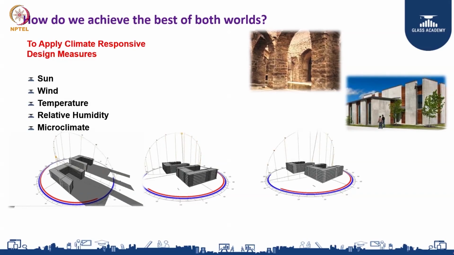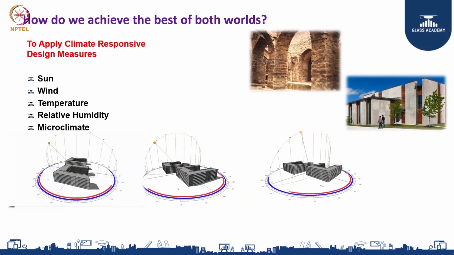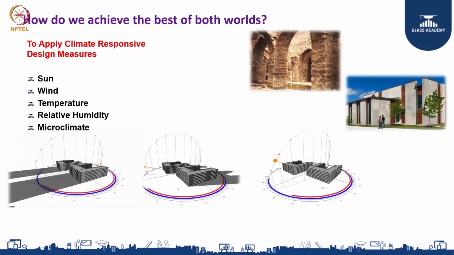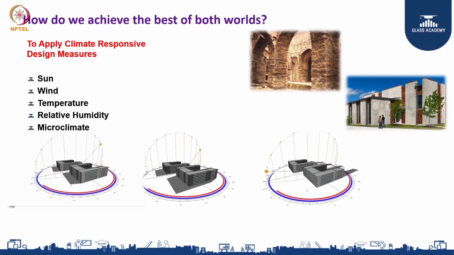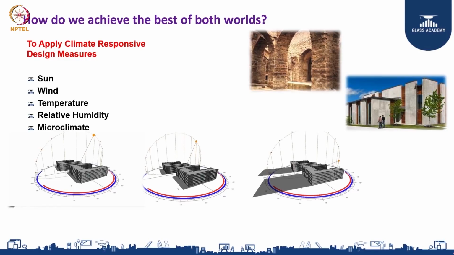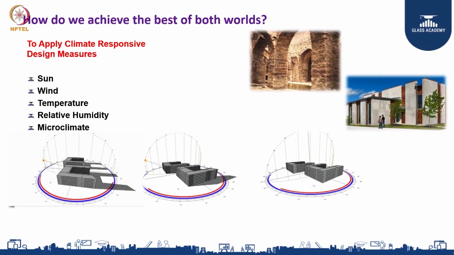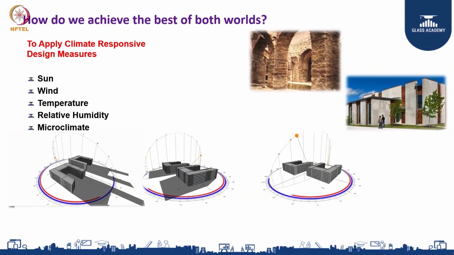And then in terms of wind, this would be an important component if it's a non-air conditioned building. So how do you utilize your wind direction, how do you position your openings, how do you channelize wind? Temperature, so what is the kind of temperature of that region, and how are we going to address it? Relative humidity becomes critical mostly in coastal areas where your humidity levels are very high, and this is where most of your passive measures really don't work, because your discomfort predominantly comes from humidity, not so much the temperature.